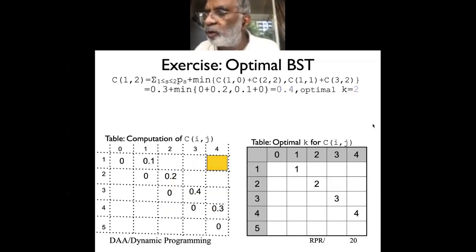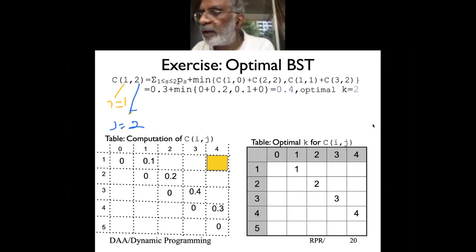Now C12: if we look at our two possibilities, min over k, i is 1 and j is 2, so my k can vary only over 1 and 2. When k becomes 1, it becomes Ci-1, which is C10, and Ci+1,j, which is C22. Then k is 2: C11, and k plus 1 to 2, which is C32.